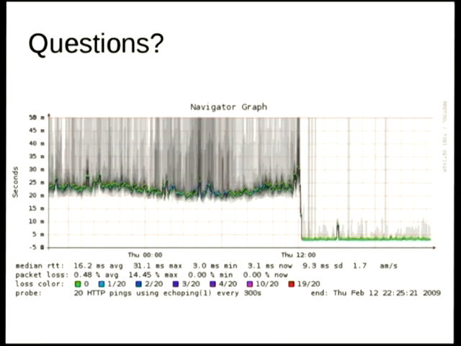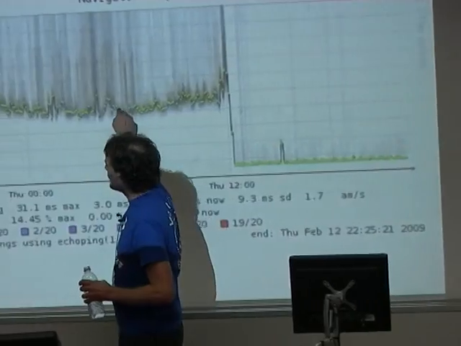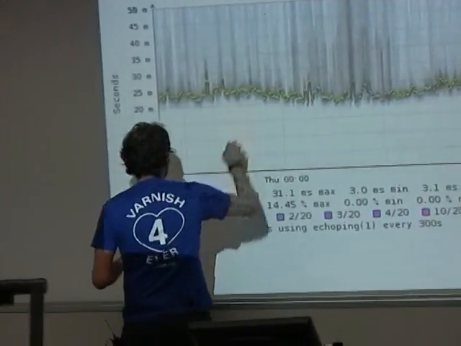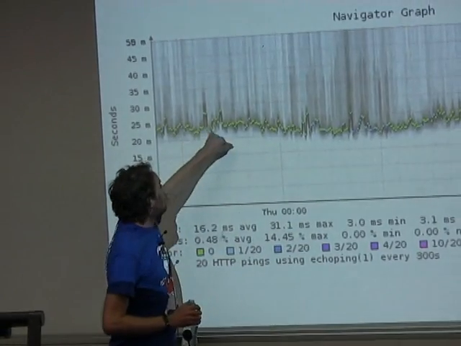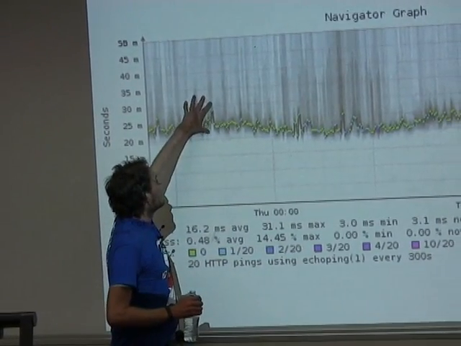Perhaps this is a dumb question, but what's the gray area above the data on the graph? So the color here, green means no packet loss. Other colors show some packet loss, and it shows the distribution.